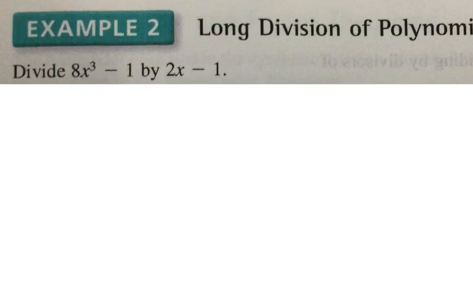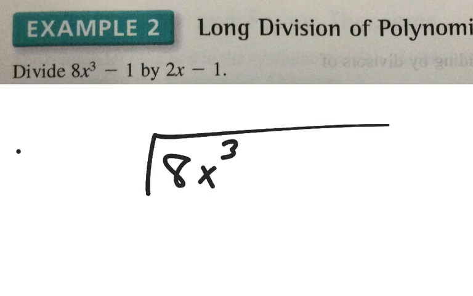Okay, now I've got to divide 8x cubed minus 1 by 2x minus 1. So I'm going to go a little quicker so Whitfield doesn't hate me. Okay, so I've got 8x cubed divided by 2x minus 1. Now here's the difference. I have 8x cubed minus 1. I've got all kinds of missing powers between them.